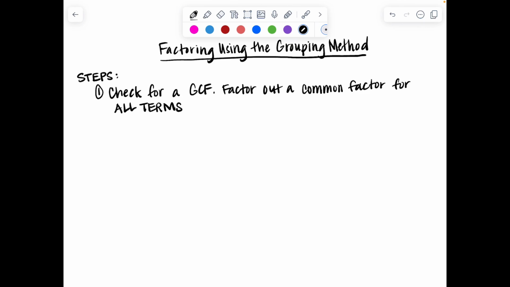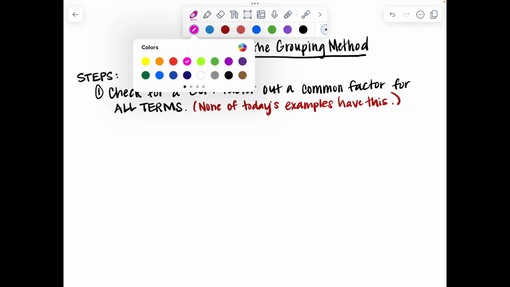So in this step, you're looking for a common factor for all 4 terms in the polynomials, but none of our examples today will have this. Later in this objective, we will have a common factor, so I wanted to list that because it will be the very first step that you need to check for.